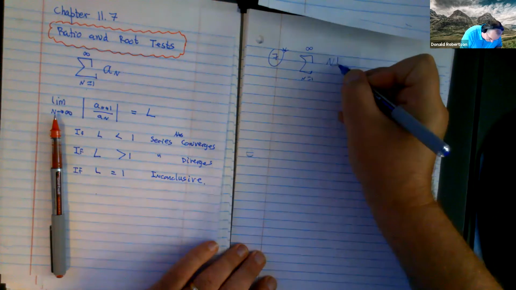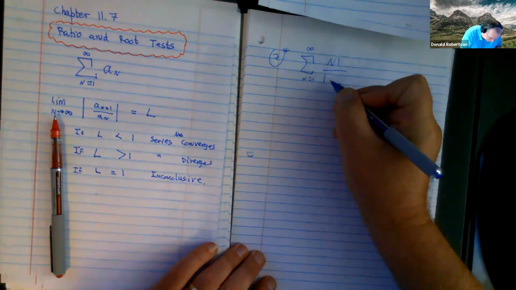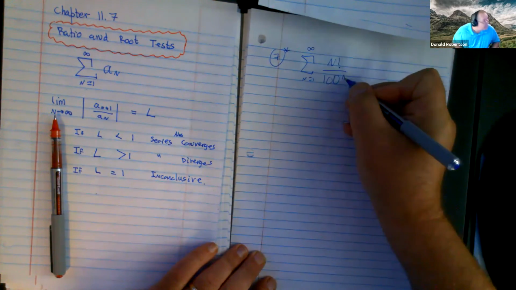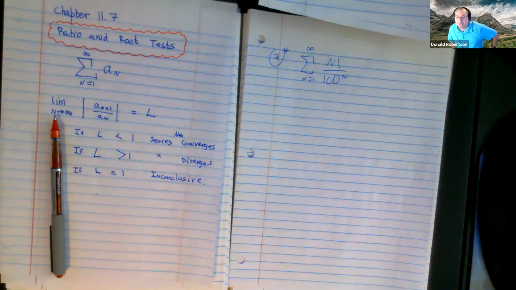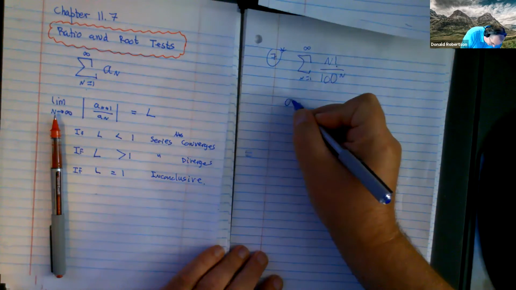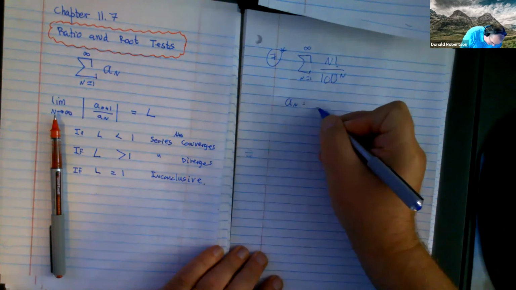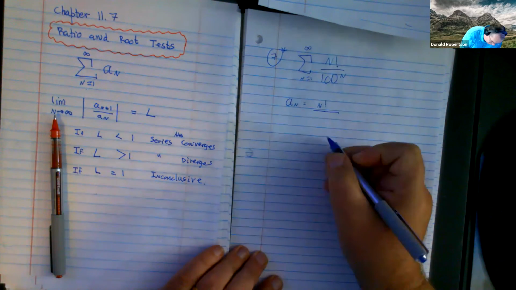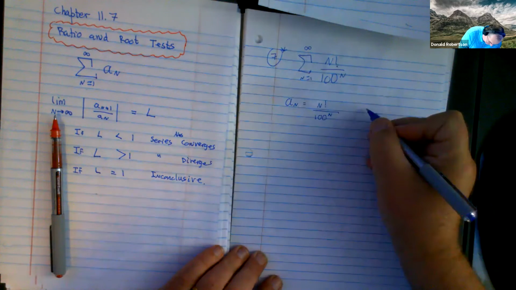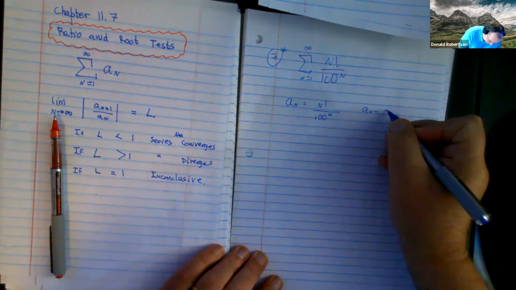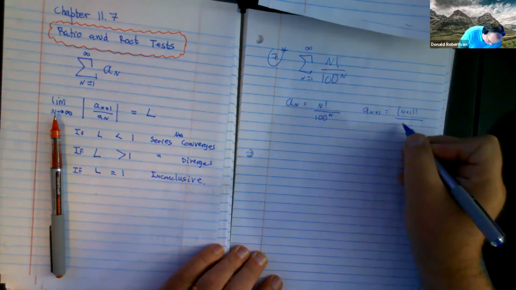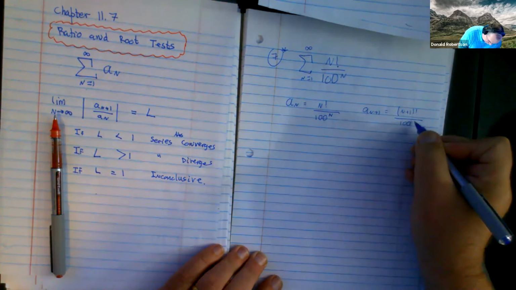But to finish, there's a factorial. We'll do that guy. So a_n is n factorial over 100 to the power of n. And a_(n+1) then is (n+1) factorial over 100 to the power of n+1.